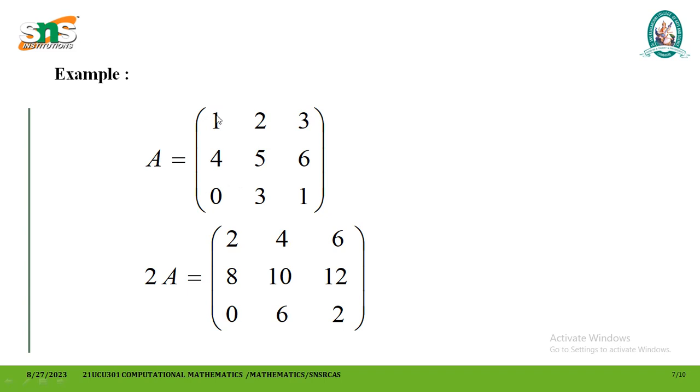So here the first element is 1. So then 1 into 2, which is equal to 2. Then the second element is 2. So we have to multiply the same scalar with the second element, that is 2 into 2, which is equal to 4. In the same way we have to do for the rest of the elements also. Then the resultant matrix is obtained, that is 2A.